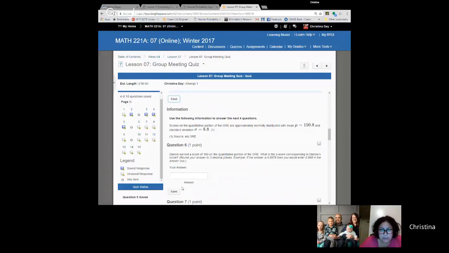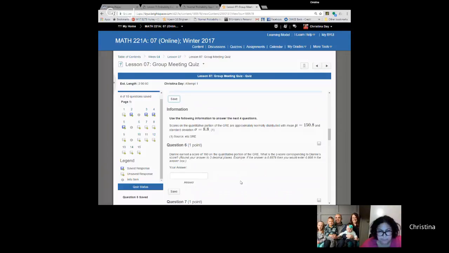Scores from the quantity portion of the GRE are approximately normally distributed with mean 150.8 and standard deviation of 8.8. So the question: the z-score for 160.